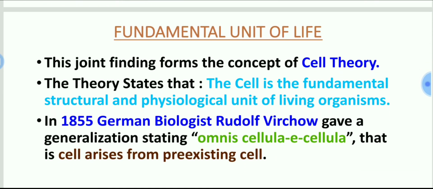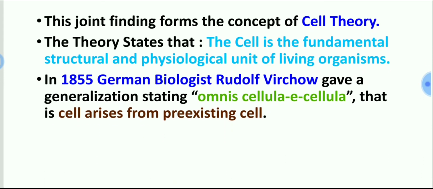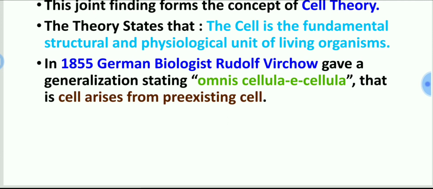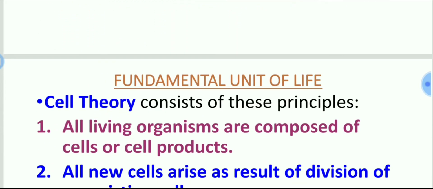This is the origin of the cell theory. And then the modification of the cell theory by Rudolf Virchow in 1855, who gave the generalization omnis cellula e cellula, that is, cells arise from pre-existing cells.